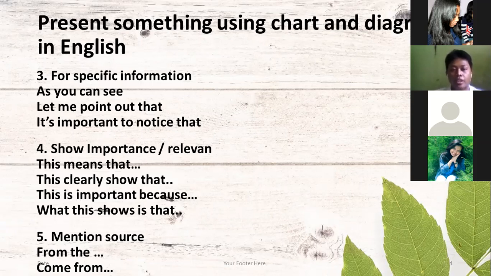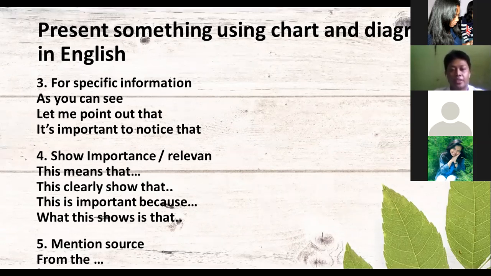We can use these phrases in sentences like: this means that coronavirus is very dangerous for human life, or this clearly shows that coronavirus became a new dangerous virus, or this is important because coronavirus has infected many countries in the world, and what this shows is that coronavirus became a very dangerous virus.